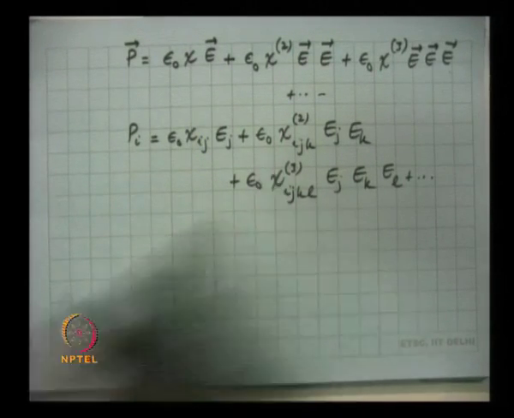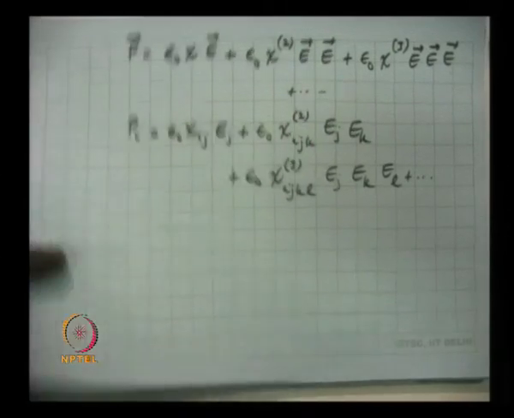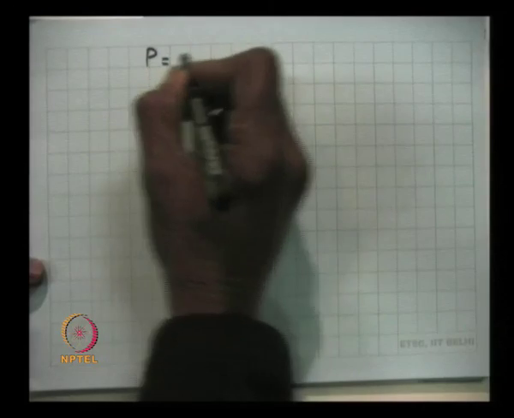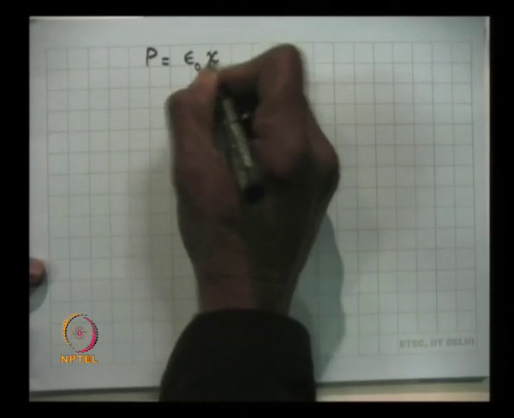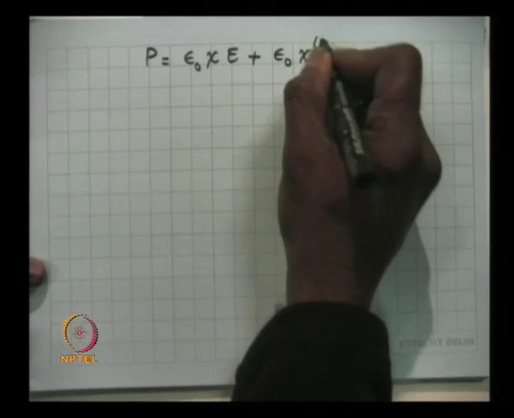Now, before we discuss the components of these tensors, we started looking at a simplified form of the polarization to understand how new frequencies can get generated. So, recall that what we had done is, if I write in a scalar form the second order term, I can write this as plus epsilon 0 chi 2 E square.